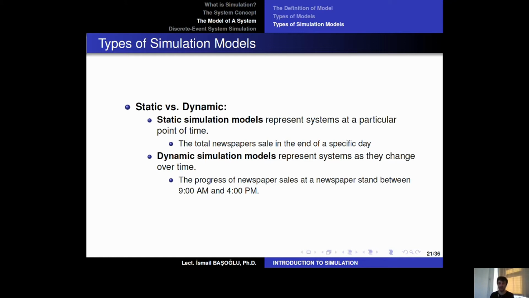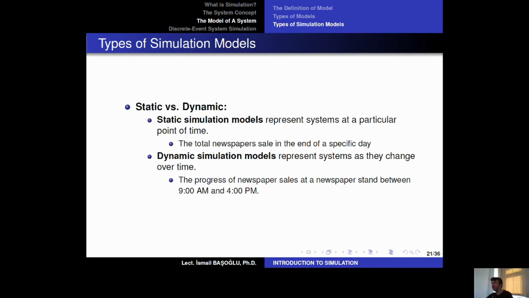Whatever happens throughout the day is irrelevant to our problem, right? What is important for a news vendor is how many newspapers it has sold at the end of the day. So if we create a simulation model of the system, we are just going to simulate what happens at the end of the day.